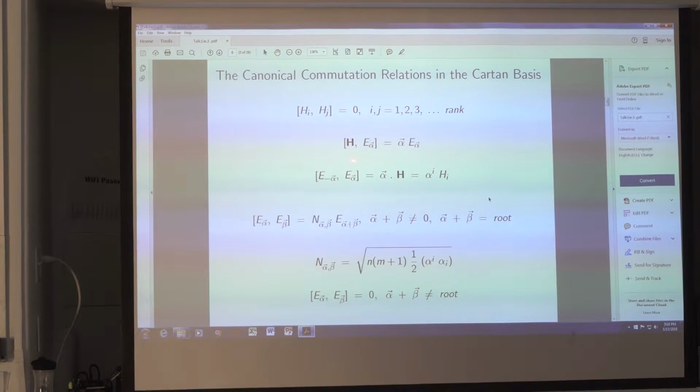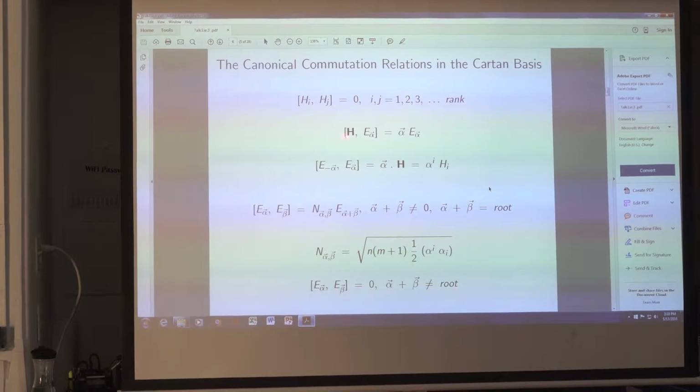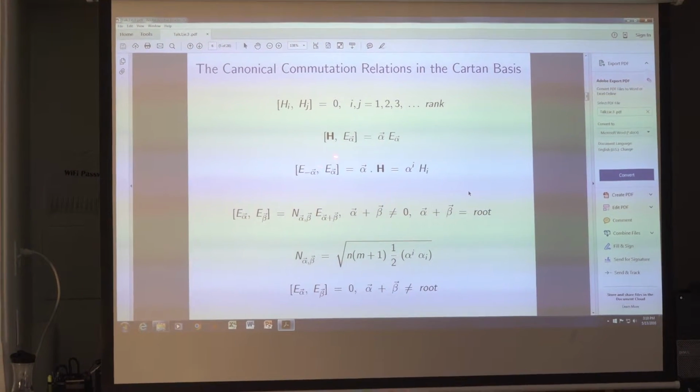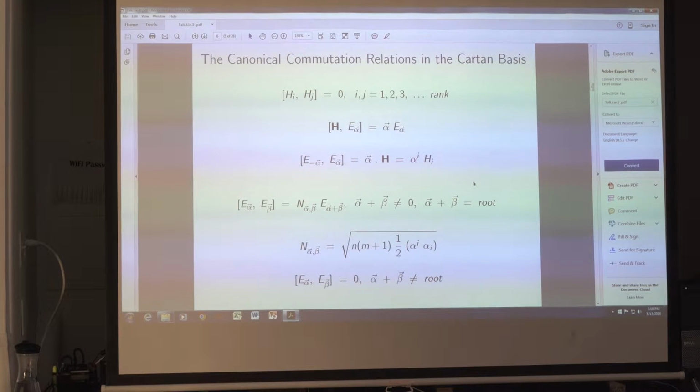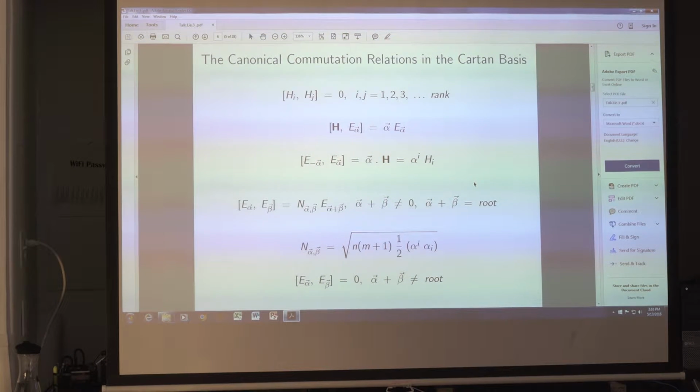Then we have the commutation relations between this H boldface that represented the collection of all the Cartan generators, written in a condensed form, okay? And this is the commutation relations with your generators associated with your roots alpha vector sign.